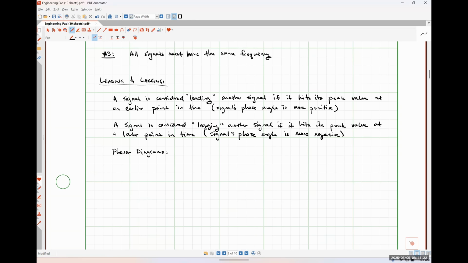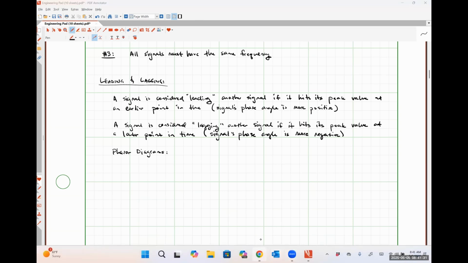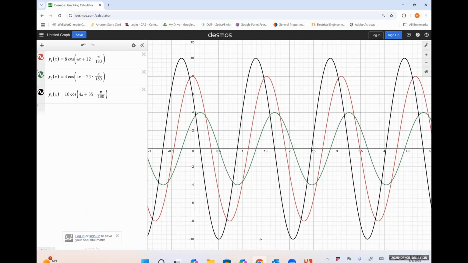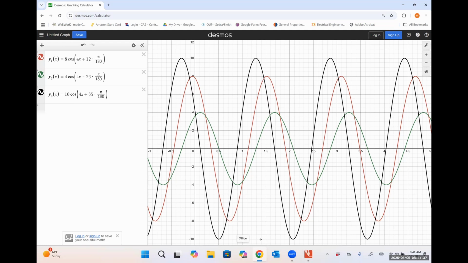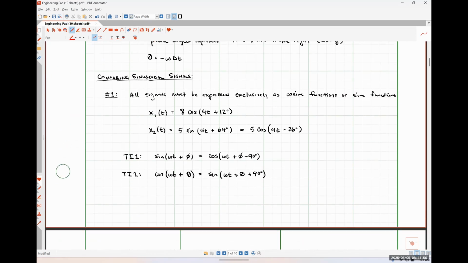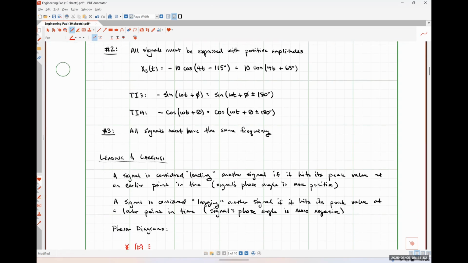So I'm going to take those three signals. What color should we have here on the Desmos thing? Red for Y1, green for Y2, black for Y3. Okay, so red, green, black. I'm just going to remind you guys that X1 was 8 cosine 4t plus 12 degrees.